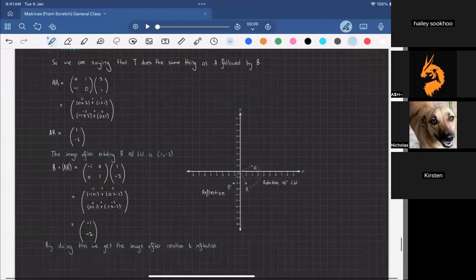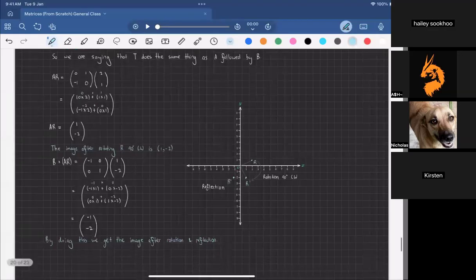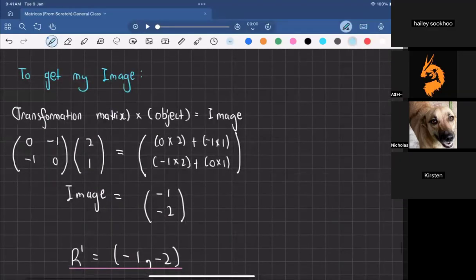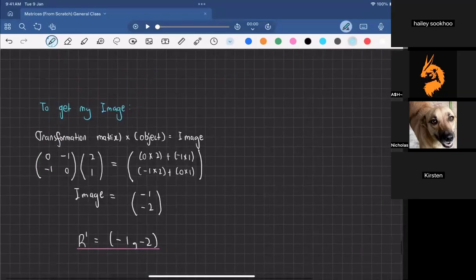Over here, we do it in two parts. You're not going to be doing this in your exam. This is just a proof to show that the combined transformation does this, but in one step. Right? Watch. So Kira, the transformation matrix 0, -1, -1, 0 is a combined one. And that gives us our answer one time.